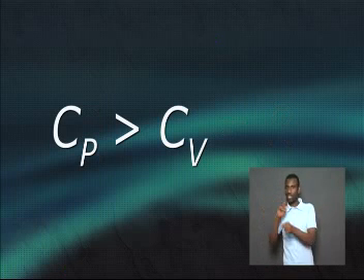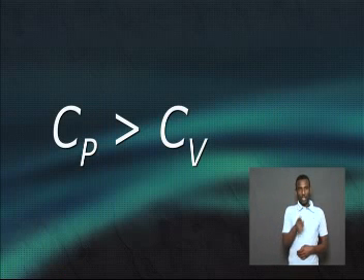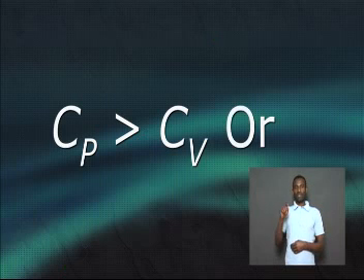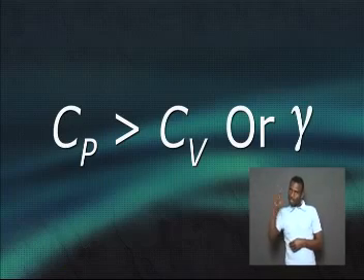The ratio of constant pressure to constant volume is commonly written as the Greek symbol gamma. Given the values for specific molar heat capacity for an ideal or monatomic gas, we may write this equation.